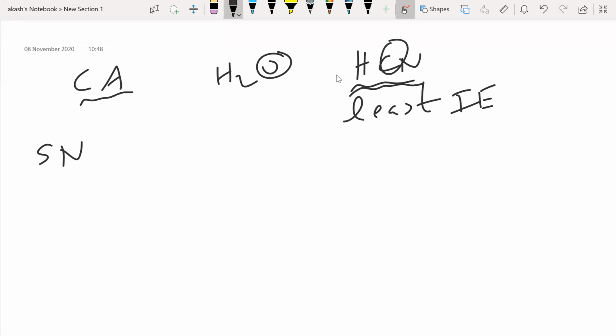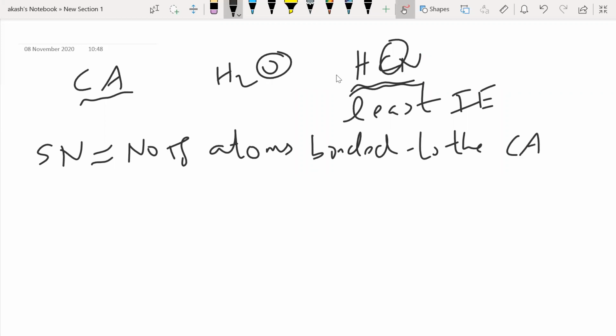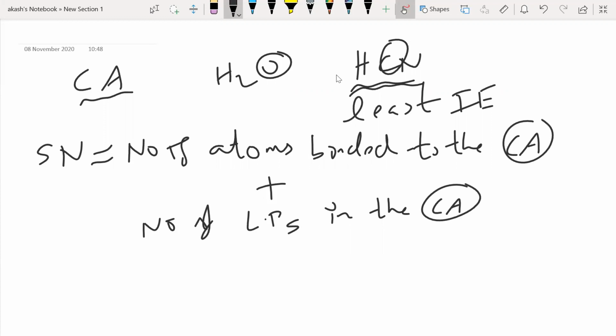Sn is the steric number, and it is equal to the number of atoms bonded to the central atom plus the number of lone pairs on the central atom. So you can see we are speaking only for central atoms. Very, very simple, right?